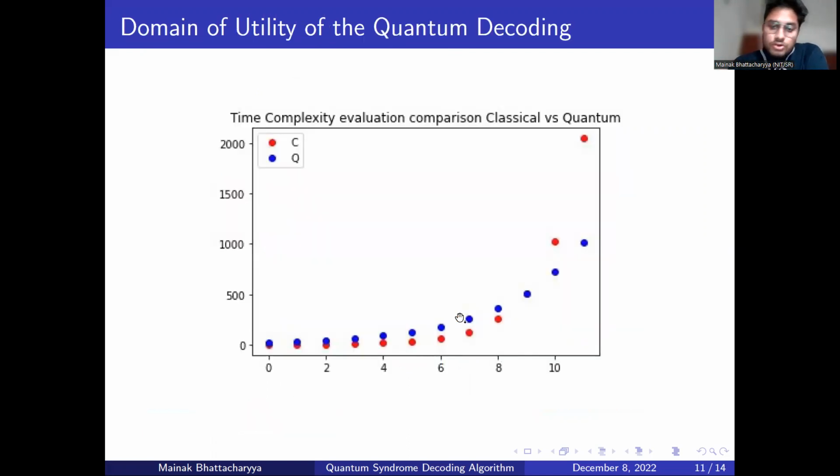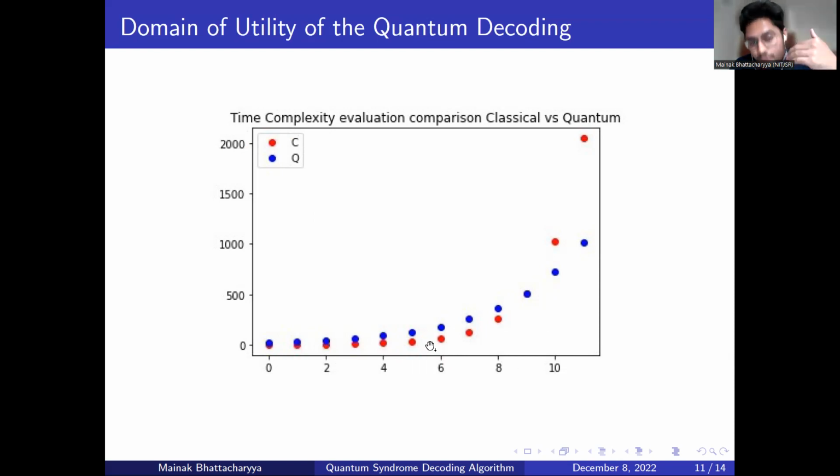And with that, I also want to express the domain of utility of our algorithm. That is, our algorithm only gives a quadratic speed up, which is helpful for higher number of bits, because for lower number of bits, the classical process, which is 2 to the power n, say 2 to the power 4, is helpful, because the quantum case exceeds the time complexity in lower cases.